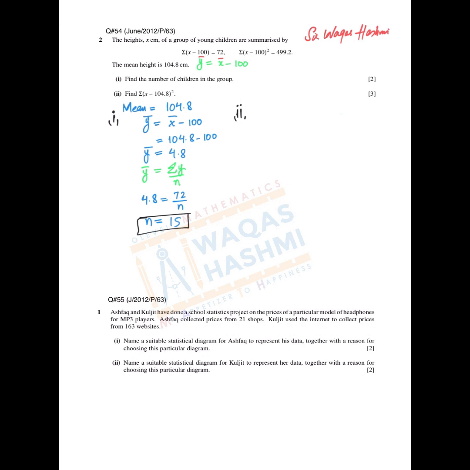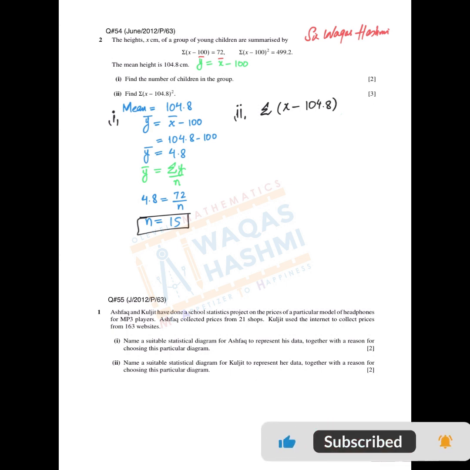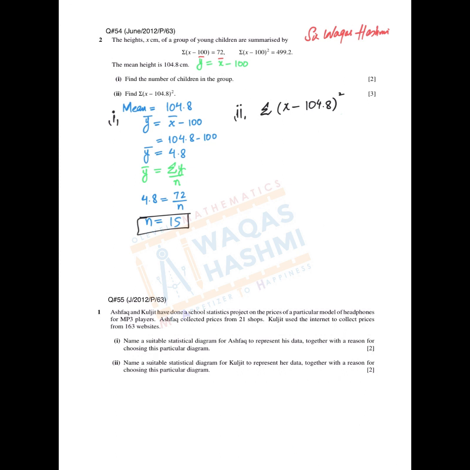For part 2, we need to find out summation of (x minus 104.8) whole square. At first, we need to find out the standard deviation. The working formula for standard deviation is under root of summation of y square divided by n minus (summation of y divided by n) whole square.